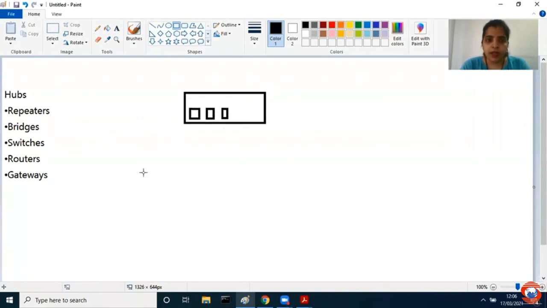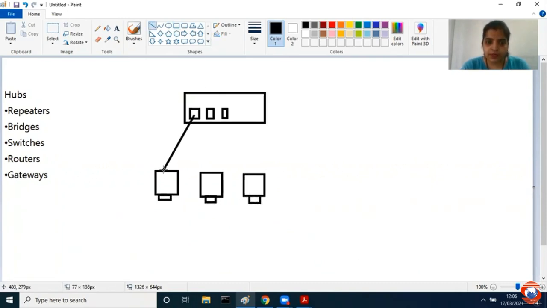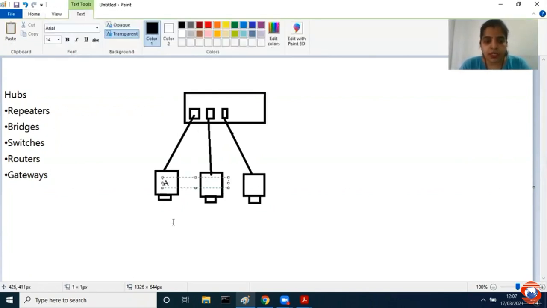Assume I have different machines, machine 1, machine 2, and machine 3, and let us say this is machine A, machine B, and machine C. This hub gives a port which is connected over the network. A hub device has some ports, and these ports are limited. That is the first point. Also, suppose I have machine A, machine B, and machine C.